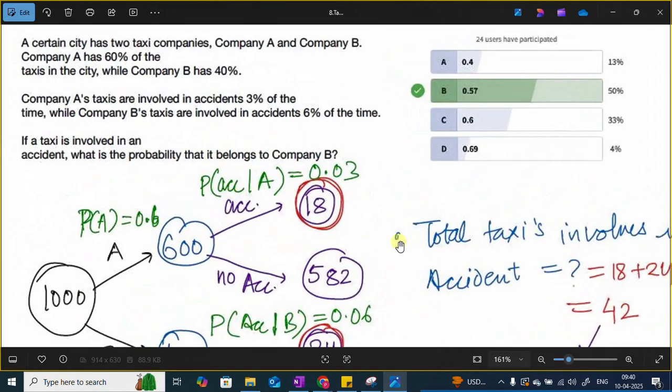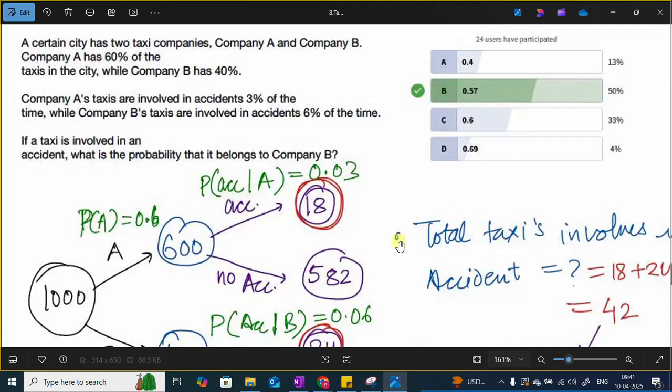this question is all about the taxi services that are provided by companies in a particular city. For example, think about Uber and Ola. Here I've taken some unknown companies, let's say company A and company B. Company A has 60% of the taxis in the city, while company B has 40%.